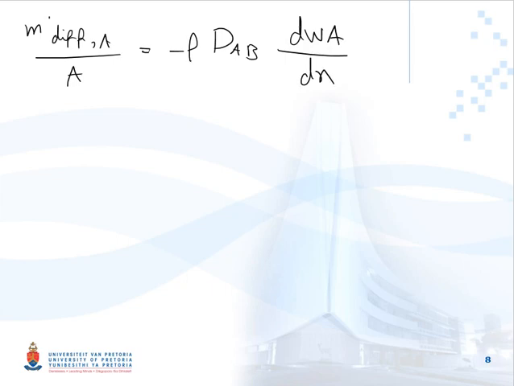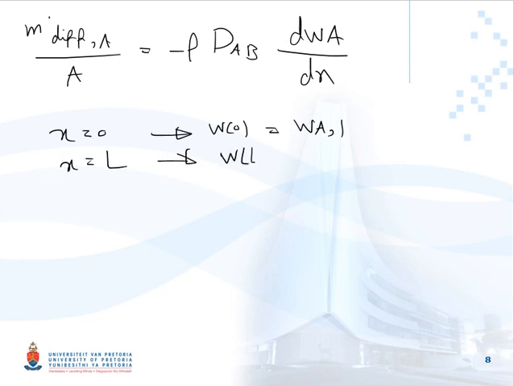So we can solve it, but of course the boundary conditions are at x equal to 0, WA is WA1, and at x equal to L, WA is equal to WA2. So basically this can come out of the integration.